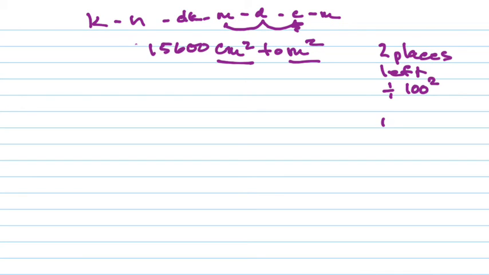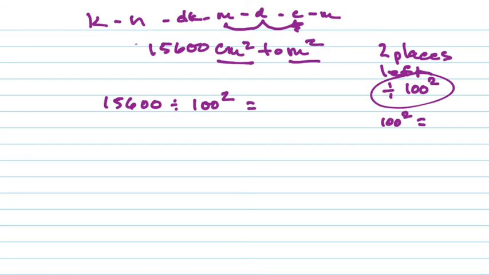So that means 100 squared. We're just going to divide it by 100 squared. You can go ahead and work out 100 squared and then divide by that, or you can just put it in your calculator. You're going to have calculators. Just put in 15600 divided by 100 squared.